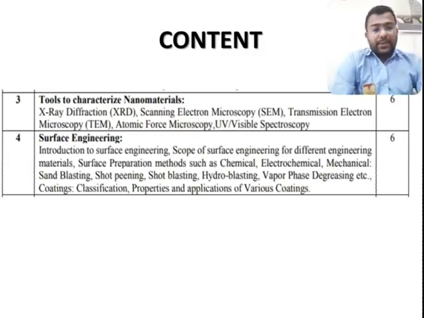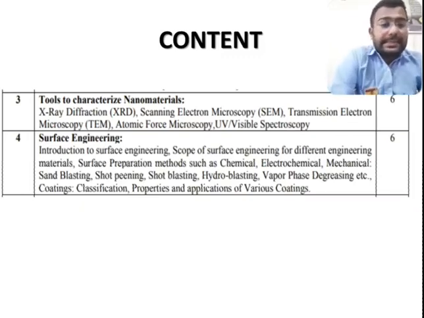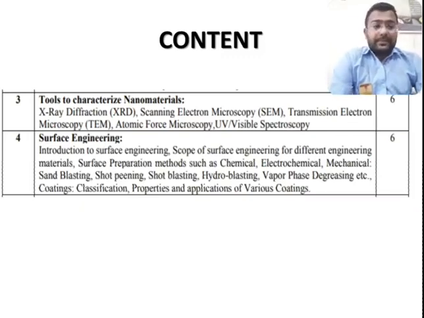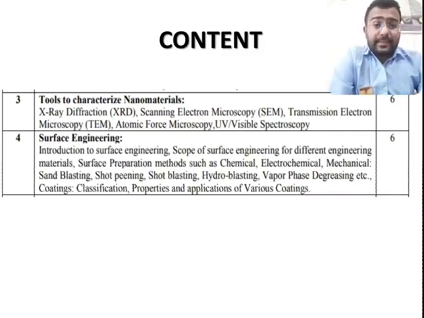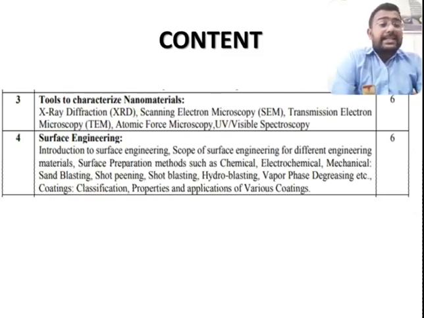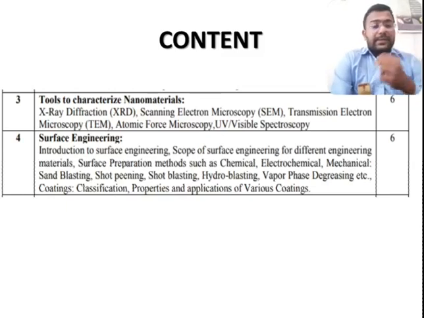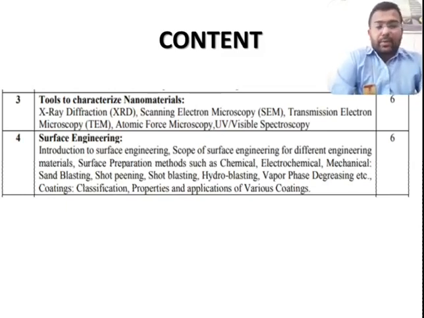The third chapter or third unit is tools to characterize nanomaterial, right? In which we will see X-ray diffraction, means XRD, scanning electron microscopy, SEM, transmission electron microscopy, TEM, atomic force microscopy, and UV or visible spectroscopy, right?